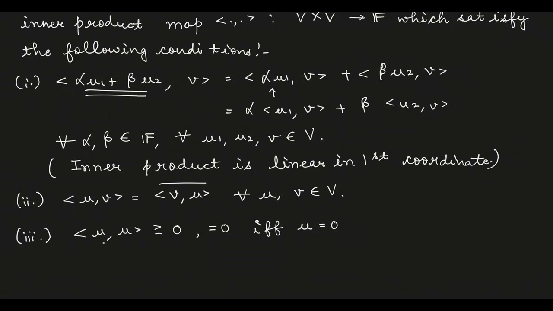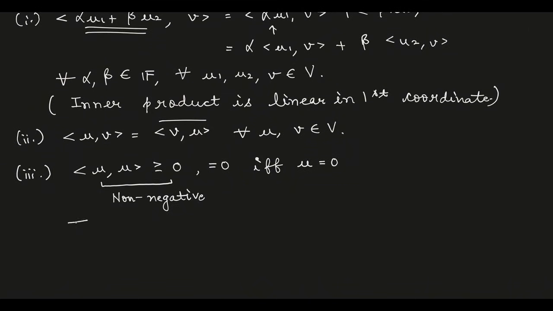Then only inner product of u with u will be equal to 0. And inner product of u comma u greater than or equal to 0 means the inner product is non-negative. Then we will say that vector space V with respect to the inner product is called an inner product space.